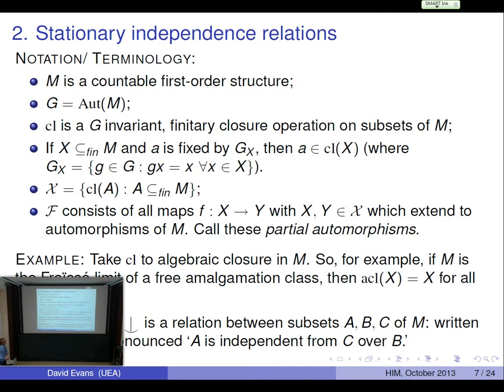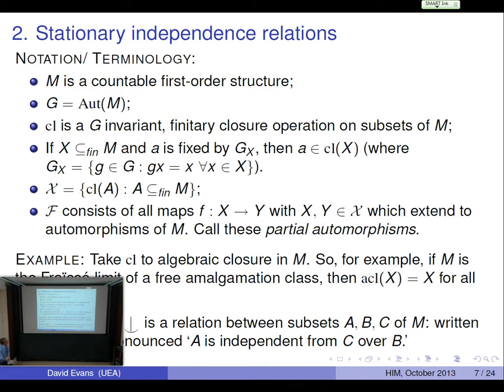Okay, so you could take the closure to be algebraic closure in M. For example, if M was an omega categorical structure, then the algebraic closure of X is the union of the finite G_X orbits.